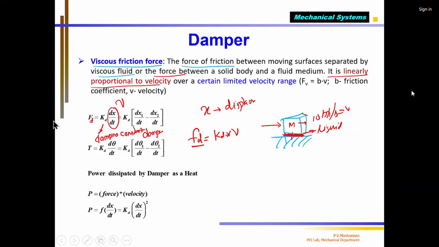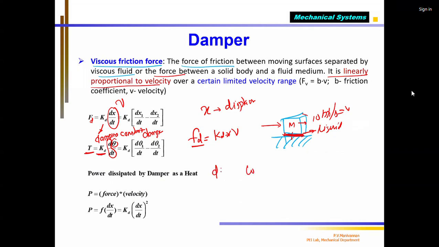This is for linear motion. Instead of that, you can have two objects in rotational movement, but touching each other. Correct? A cylinder moving inside another, touching each other. Then you apply a torque. Input is a torque. Again, it has a damping constant, with d by dt of theta, the angular displacement, which is nothing but omega.